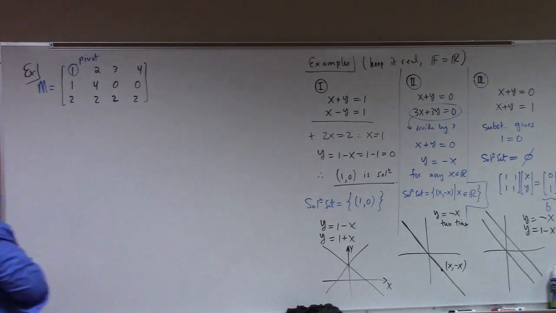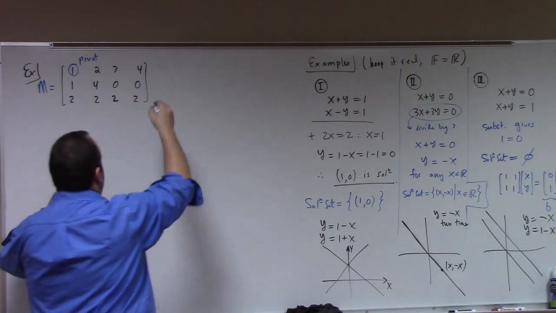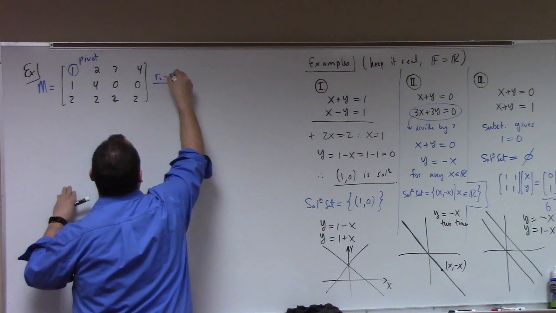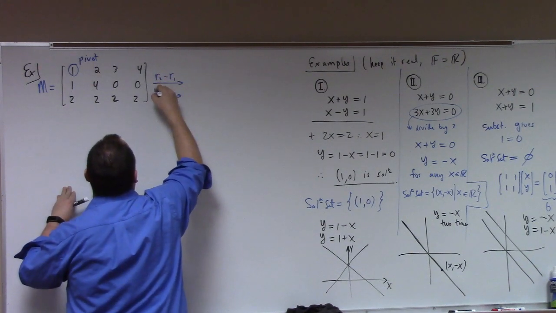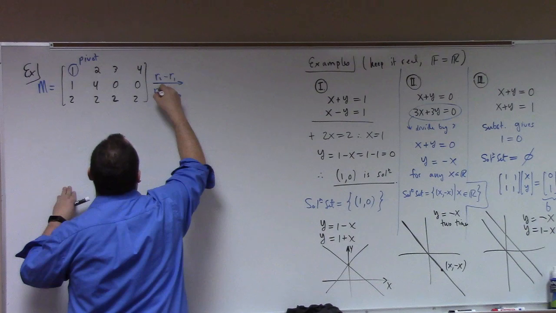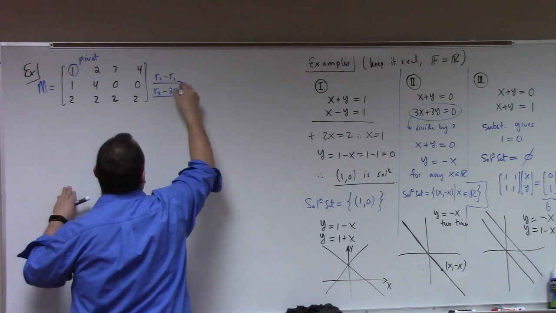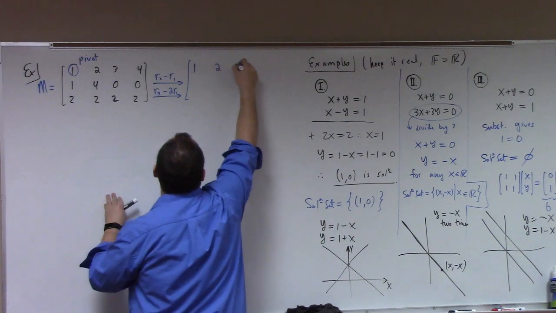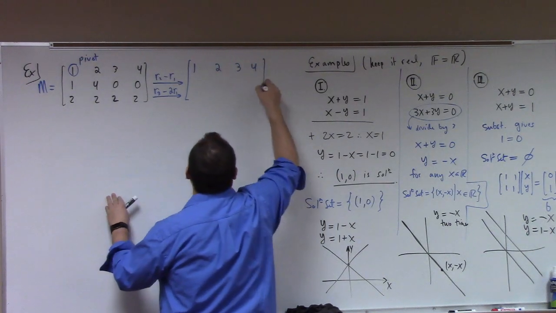The next thing we do is we do row operations to try to clear out below the pivot. We try to zero out the things below the pivot. So in this case, we're going to do row 2 minus row 1, and we're going to also do row 3 minus 2 times row 1. So that gives me 1, 2, 3, 4. Nothing changed there.